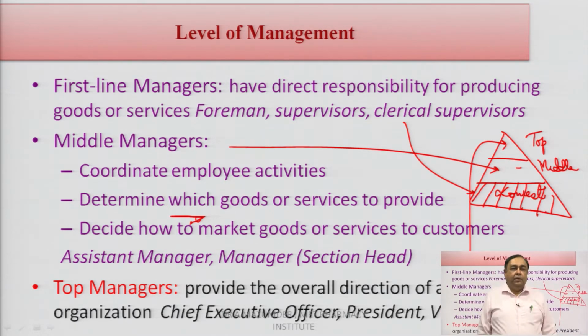Therefore, if we talk of the importance, the decisions taken by the top level managers are of maximum importance, and the degree of importance of decisions taken by the first line managers is much lesser as compared to the other decision levels.